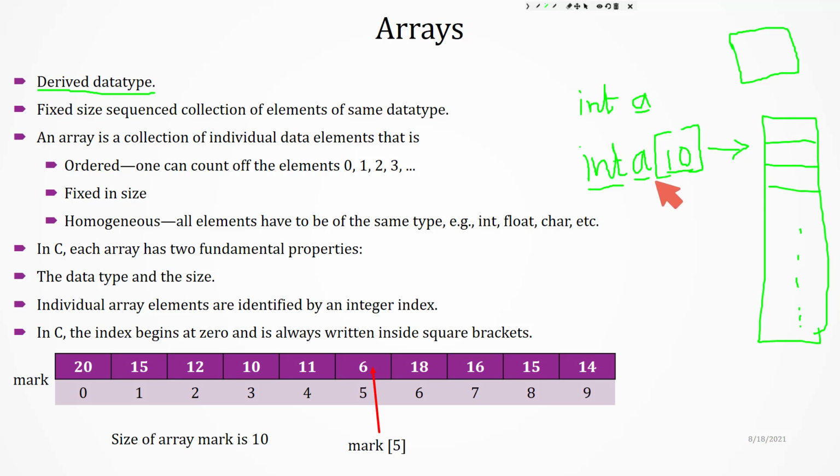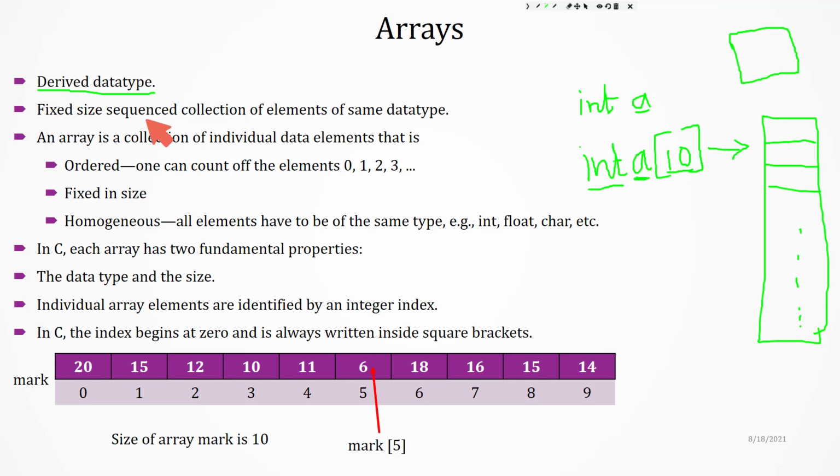If you remember the definition of identifier, an identifier is the name given to variables, functions and arrays. We already studied variables and functions. Now we are going to discuss arrays. So a is a name given to an array of 10 elements, each of type integer.